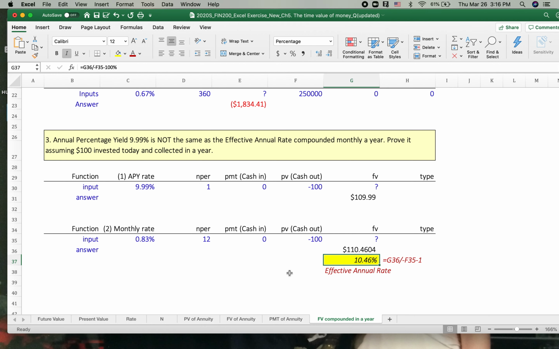9.99%. So actually when you borrow some amount, we pay 10.46% if you pay the monthly payment compounded by this monthly rate. But usually the lender shows the APY, as we discussed in class. So you have to be skeptical. Oh, is that really right?